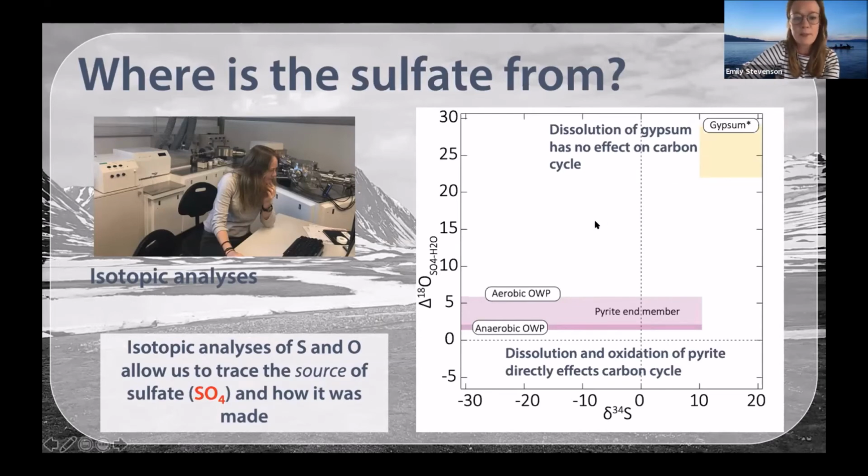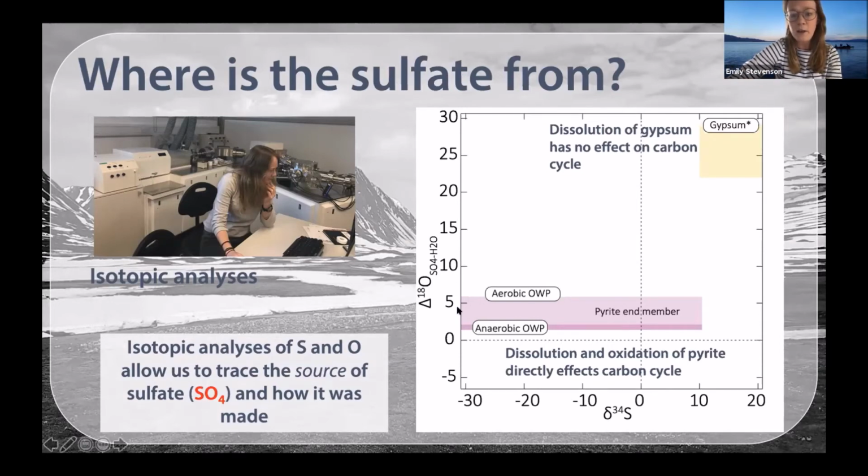So one of the end members that could be there within the source region is gypsum, which is a sulfate, and this has no effect on the carbon cycle. Whereas if we found pyrite, which is a sulfide, when this reacts, it produces protons and alkalinity. It produces acidity, which can weather these carbonate rocks, which could potentially release CO2 to the atmosphere.